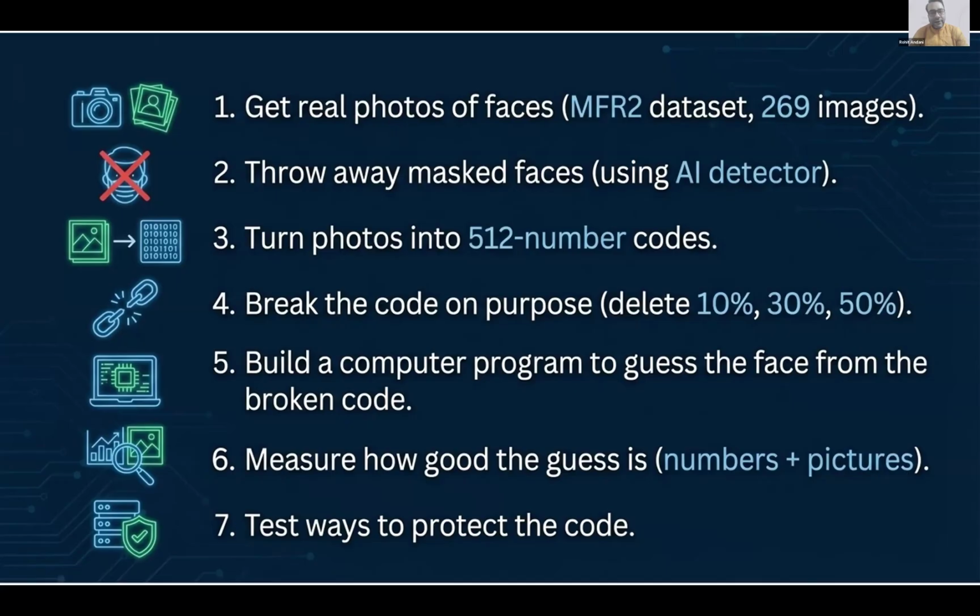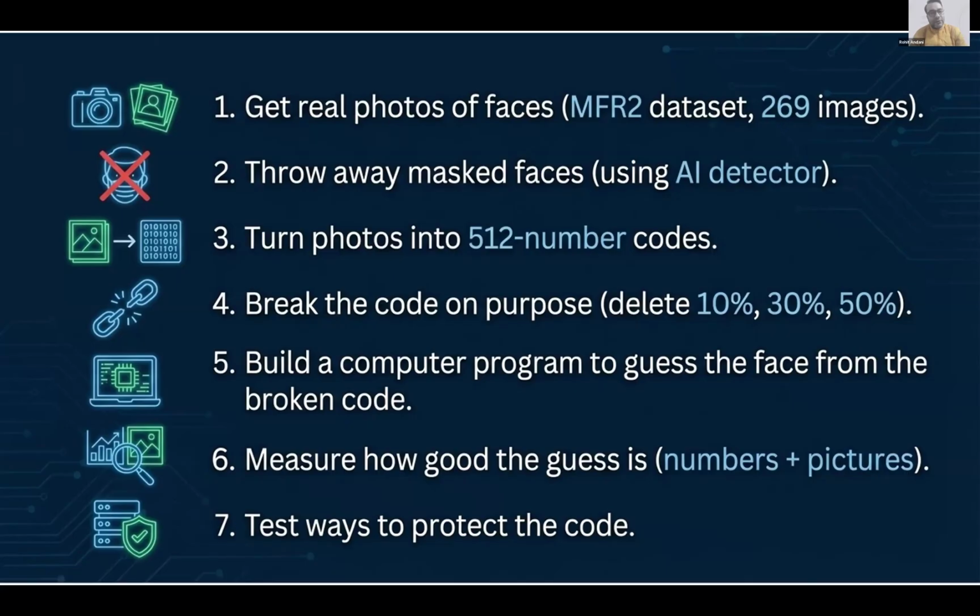We cleaned our data set using one model, which detected the noise in the pictures, how many pictures contained a mask, and how many were not aligned at the right angle. That model cleaned up all the junk data and gave us clean images. Then we converted those clean images into embedding codes, the 512 numbers, so we had exactly the face embedding for those clean pictures.